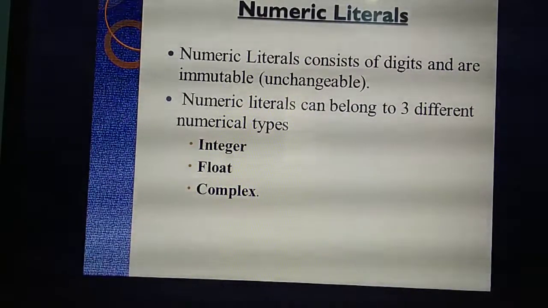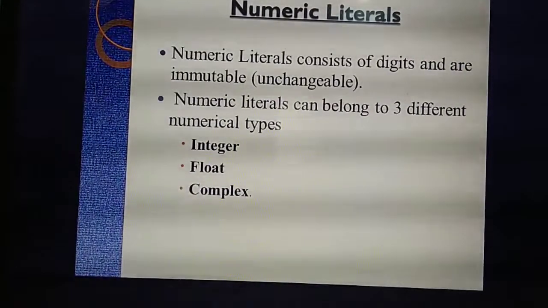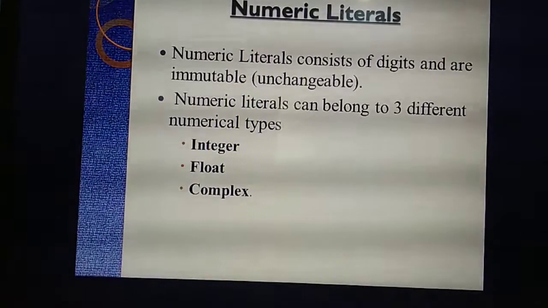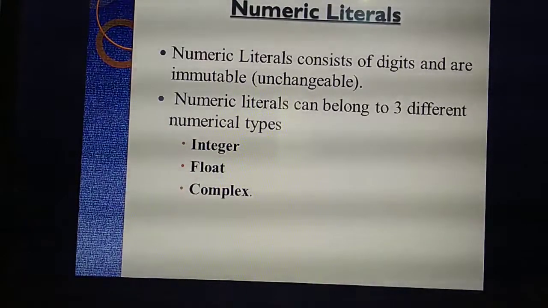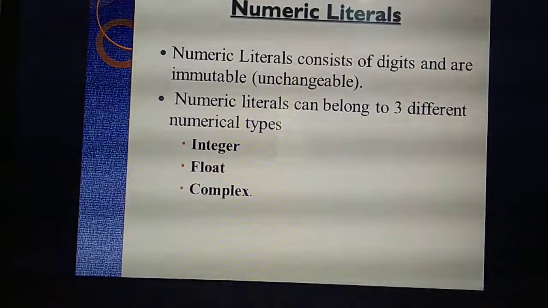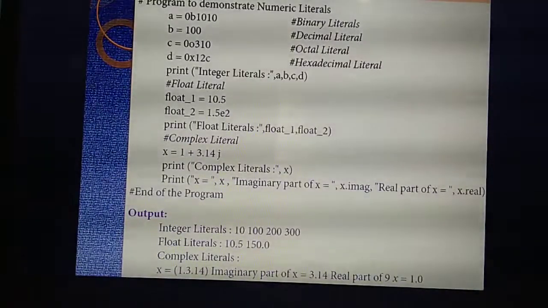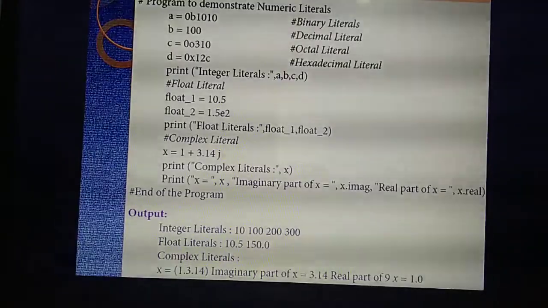Integer, float, complex. What do you mean by integer value? Normal numbers, 1, 2, 3. What do you mean by float? Point numbers. What do you mean by complex? Complex numbers, that means real part as well as imaginary part. Understand?